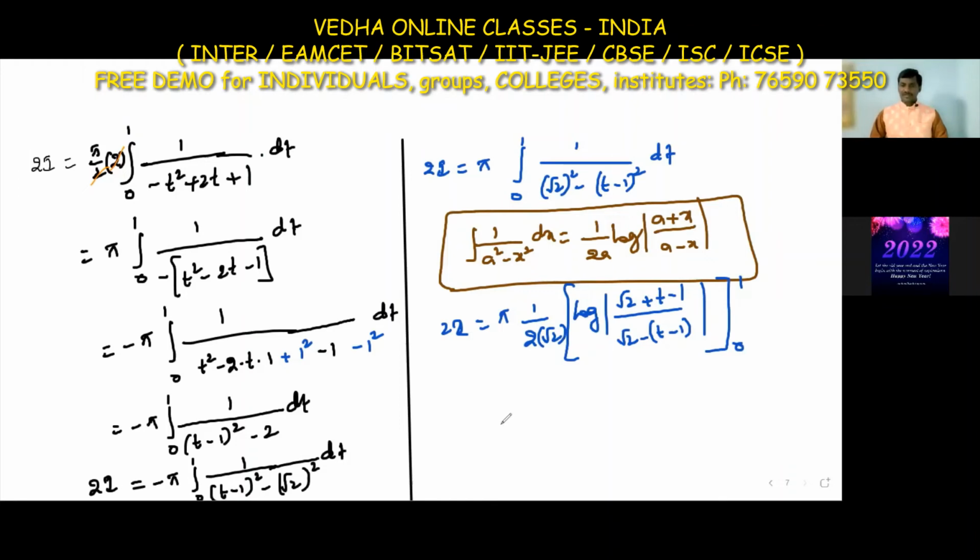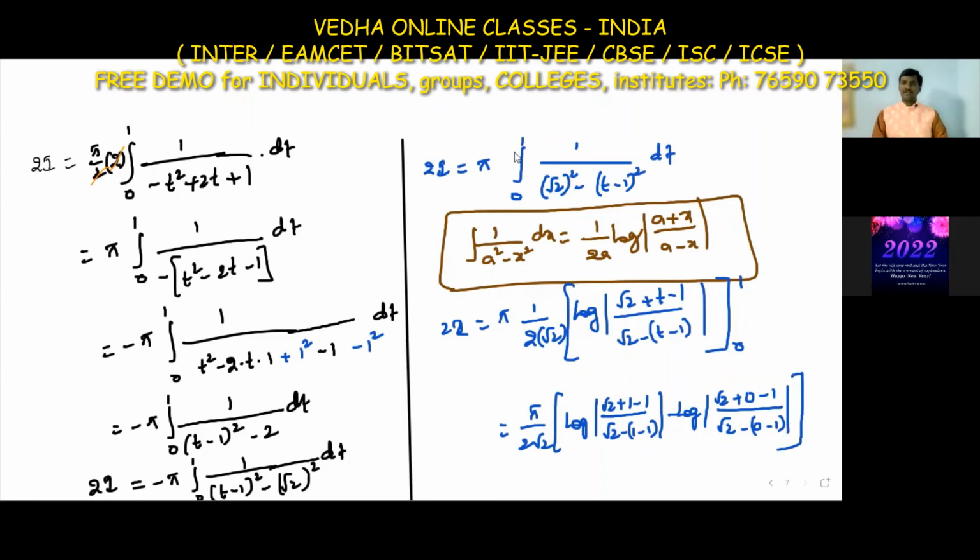Now this is equal to pi divided by 2 root 2 log mod of, substituting the upper limit in place of t, (root 2 plus 1 minus 1) divided by (root 2 minus (1 minus 1)), minus, now substituting the lower limit, (root 2 plus 0 minus 1) divided by (root 2 minus (0 minus 1)).